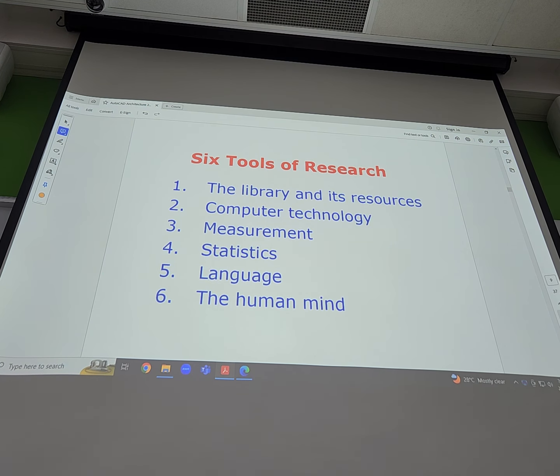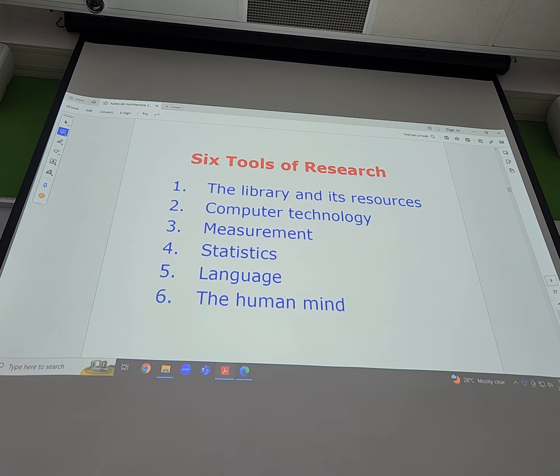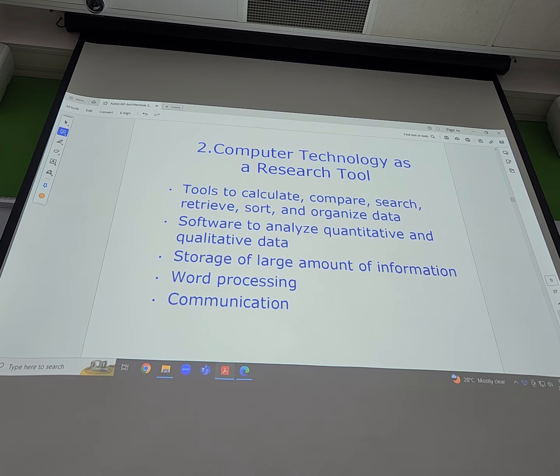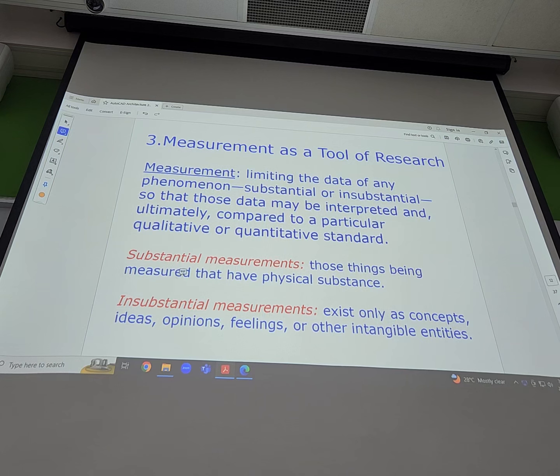Okay? So no two meanings, single meaning. And of course, ultimately, the human mind. So that's where we apply our logic or analysis. Okay, we talked about all these things.